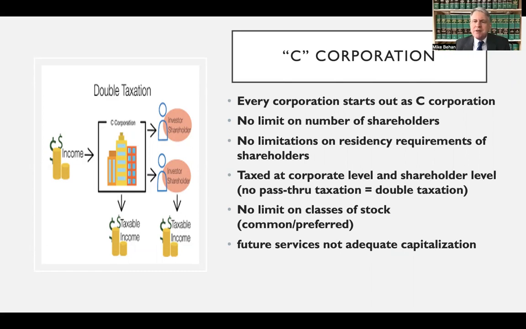The primary distinction is that with the C corporation, the corporation is taxed on its income, and then when that income is passed through to shareholders, it is taxed again at the shareholders' income tax rate in the form of dividends.